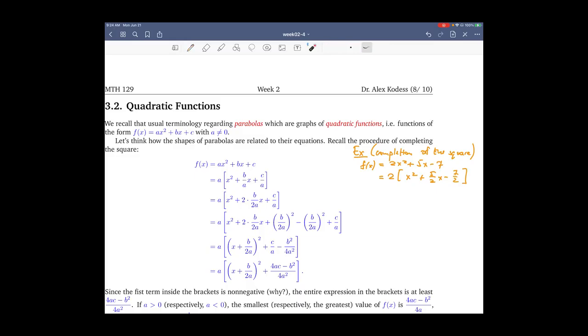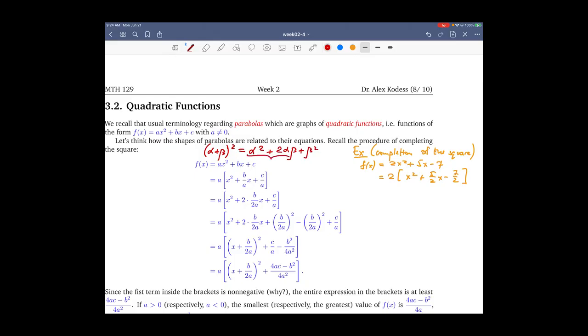The next step is to view the first two terms as if they were the first two terms in the formula for the square of a sum, right? When you square the sum alpha plus beta, the result is alpha squared plus 2 alpha beta plus beta squared.